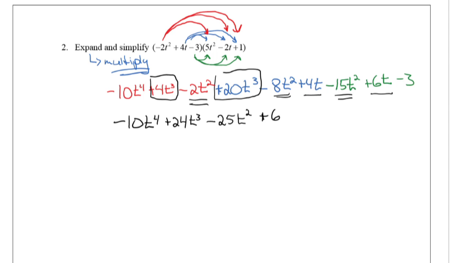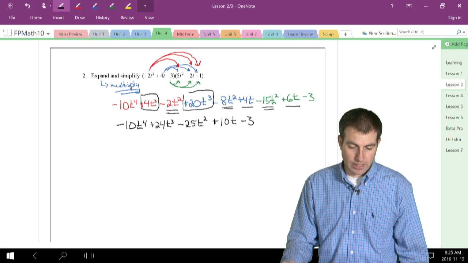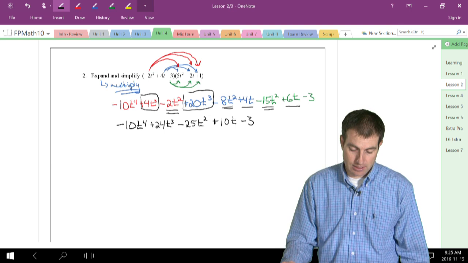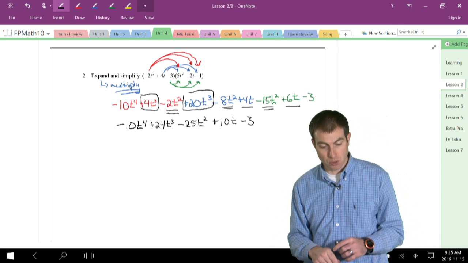Nope, 4 and 6 is 10, not 6. And then minus 3. All right. That's it. I can't combine anything beyond that. That's as simple as it gets. It doesn't look very simple, but that's as much as we can do.